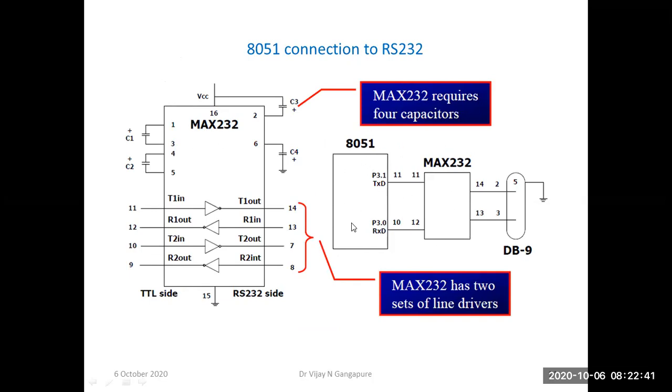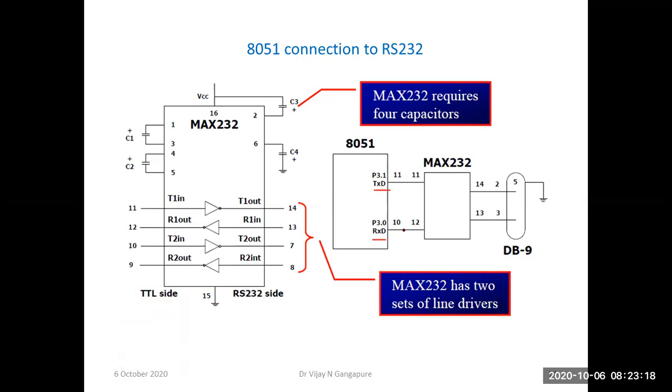So this is the 8051. The 2 pins, TXD and RXD of the 8051, act as the serial port of the 8051: pin 1 of port 3 is TXD and pin 0 of port 3 is RXD. This TXD pin is connected to pin number 11 of the MAX232, which is T1 in, and the RXD pin of the 8051 is connected to pin number 12 of the MAX232, which is R1 out.